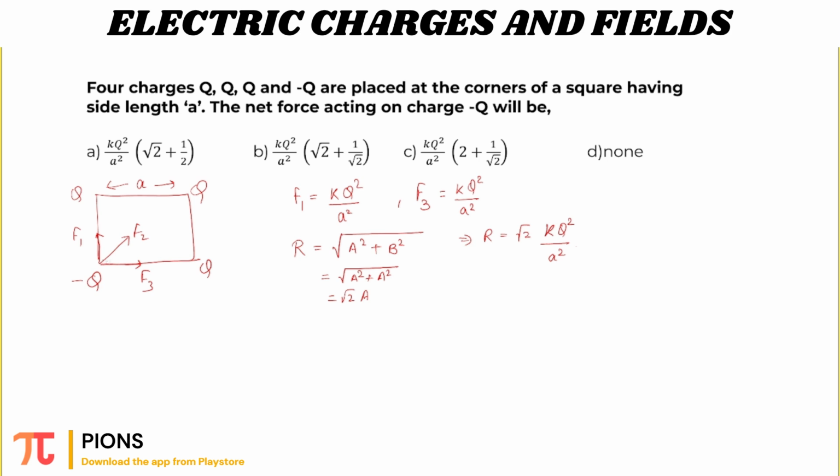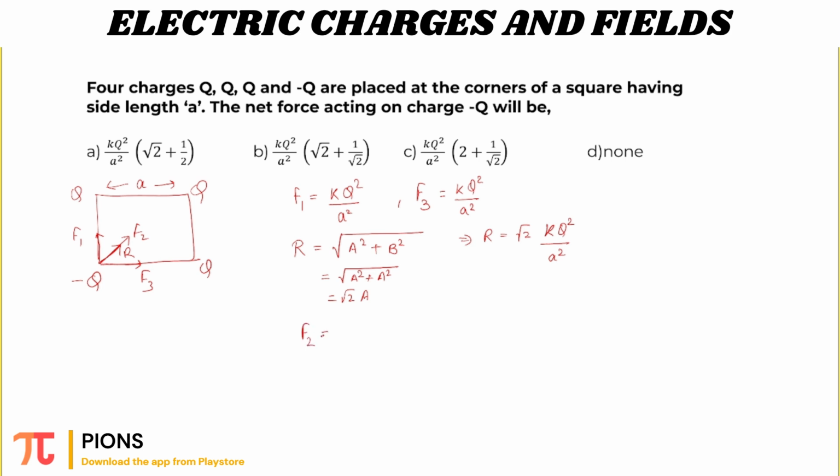And where will be the direction? From parallelogram law of vector addition, if both are equal vectors, that will be inclined equally at 45 degree. So this is our R. Now as we can see that R and F2 are along the same direction. So we can directly add them because the theta is 0 degree between them.